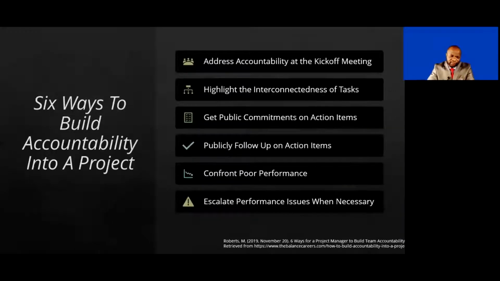So when we talk about confronting poor performance in the world of agile, that looks a little bit different from a world of predictive, where the project manager may be the person to confront poor performance. In the world of agile, you have the team as a unit confronting performance, and then escalate performance issues when necessary. Let's go on to our next enabler.